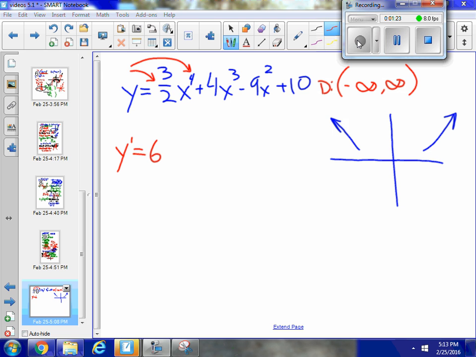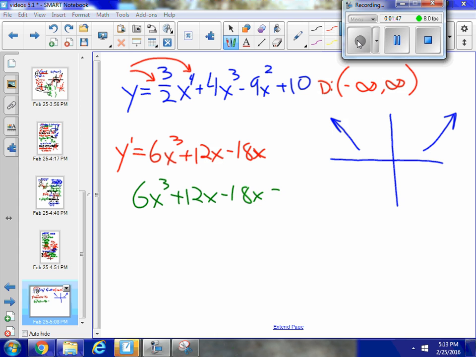That's going to be 6x cubed plus 12x squared minus 18x. Oh, and that's it, because the derivative of 10 is 0. So I have to find out where, or if, 6x cubed plus 12x squared minus 18x equals 0.